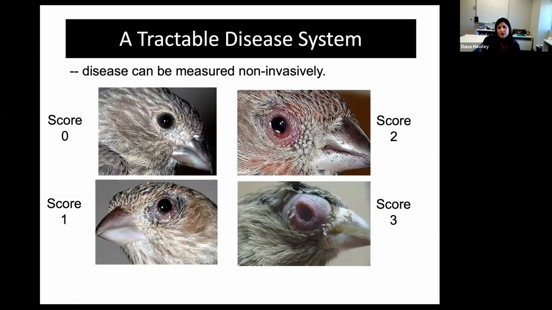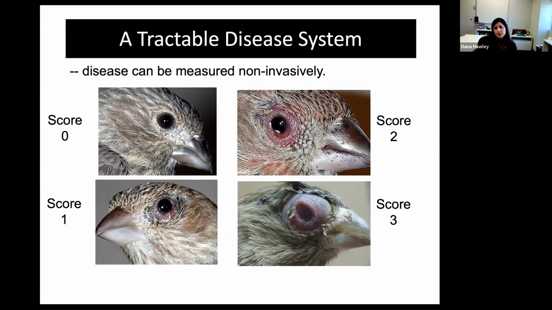And one of the hallmarks of this system, really, as an experimental system, is that we can measure virulence and disease, or our proxy for virulence, non-invasively. So we don't have to open up an animal or even have them actually get to the point of mortality in order to measure variation in virulence in this system.